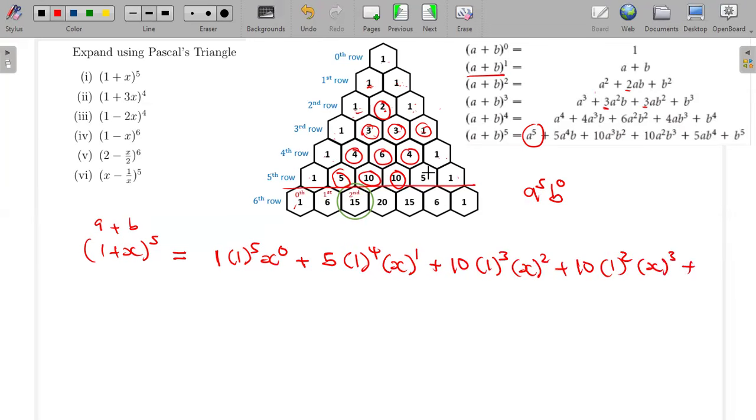Then plus the next value you have is 5. So I write 5, and then 1 to the power, it reduces to 1. And then x to the power, so x increases to 4. Plus, the last coefficient there is just 1.